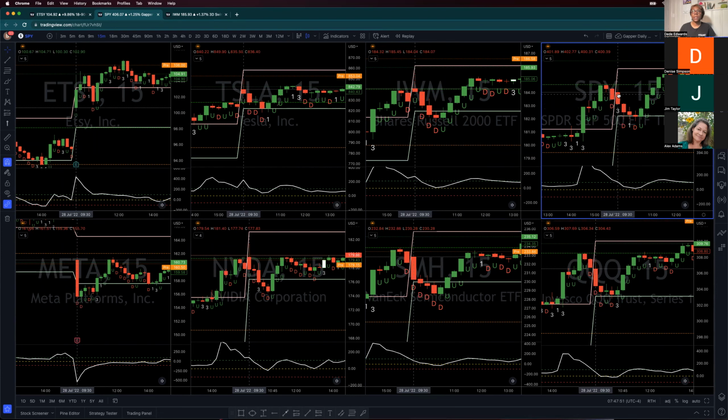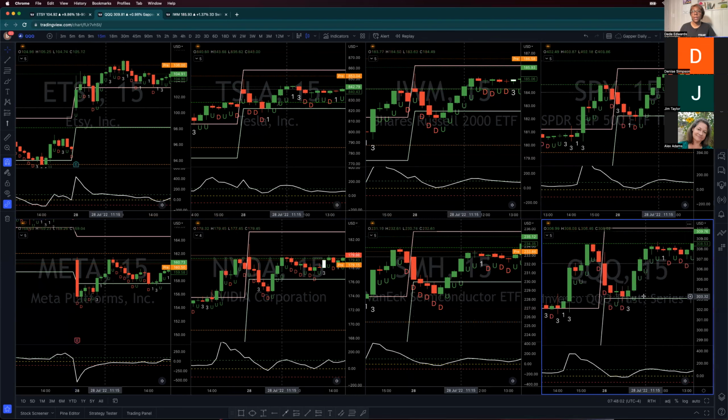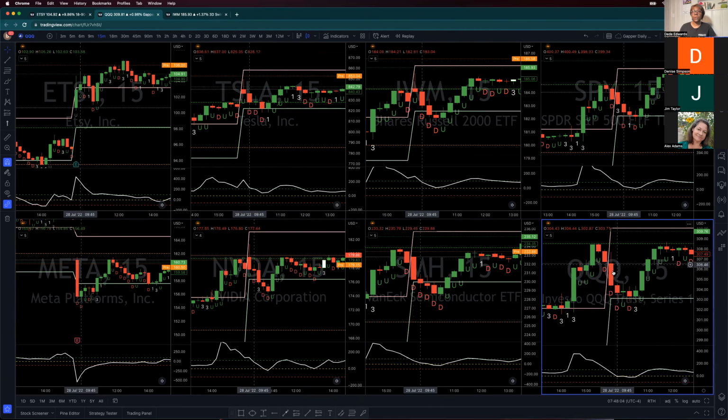And you can see it went outside on that 15-minute. Q's was a 3, 2 down, 2 down continuation. And you see how that looks, and why it's so difficult to get into these trades after that first 15, 18-minute flip if you don't get price going 2 up on the 15, 2 down.